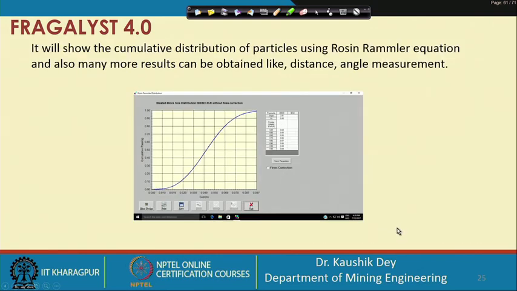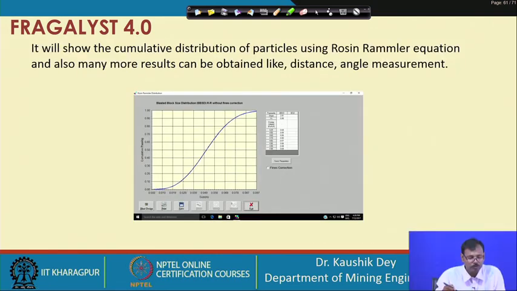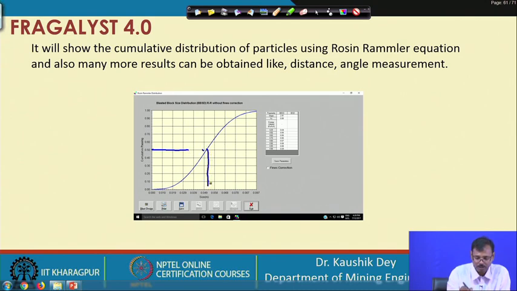Then the size distribution curve is prepared, from where the D50, then this is D20, K20, and this is K80 can be obtained. Sorry, one minute, let me clear it again.